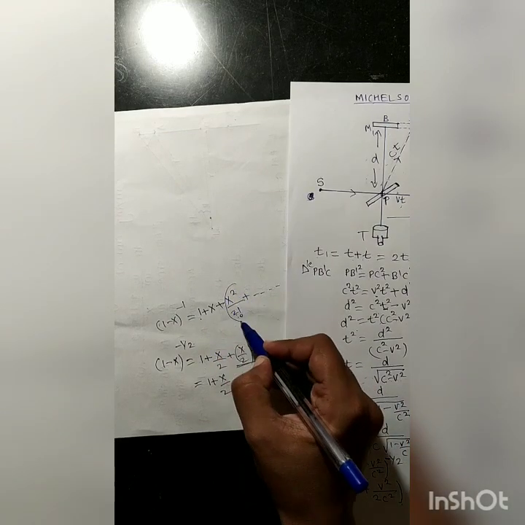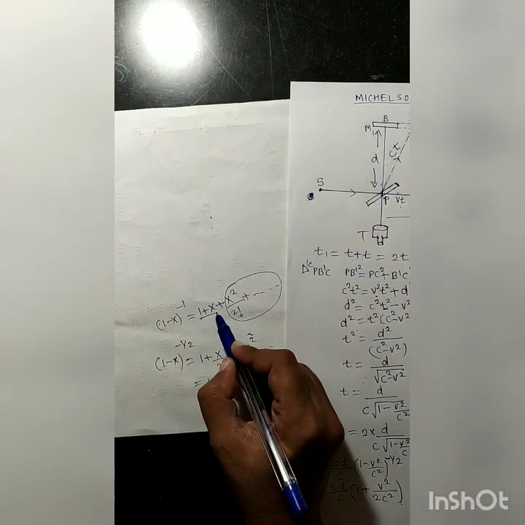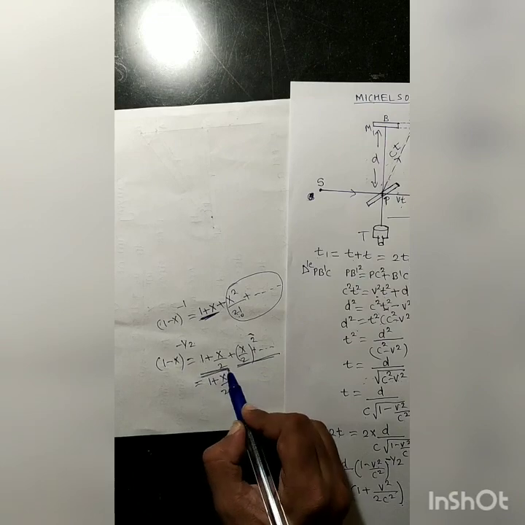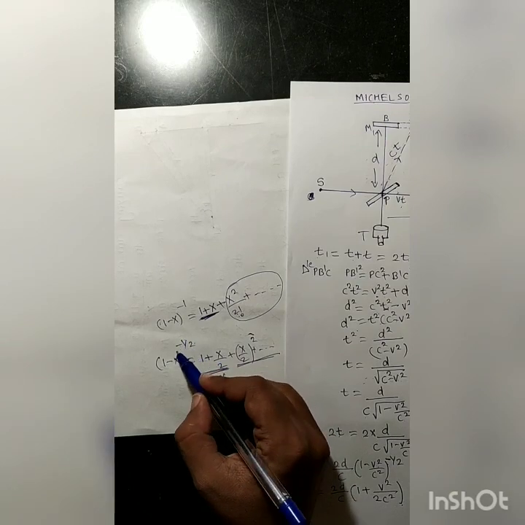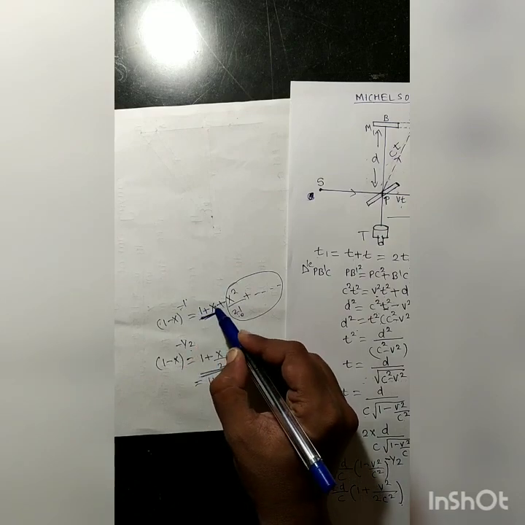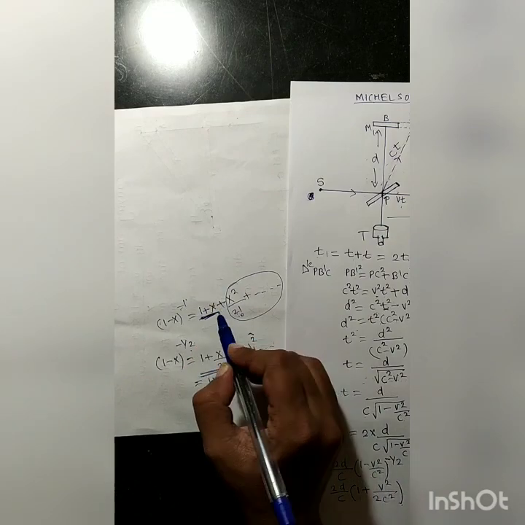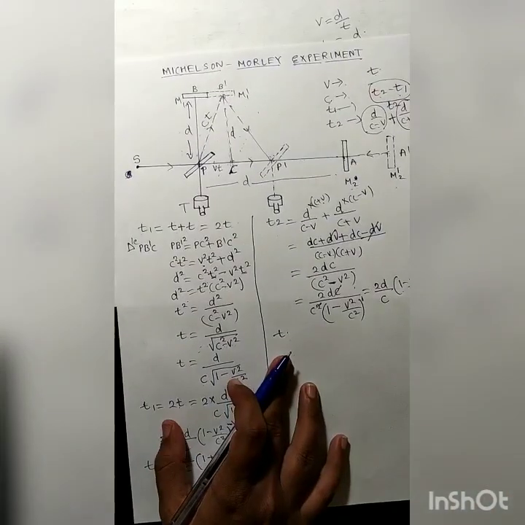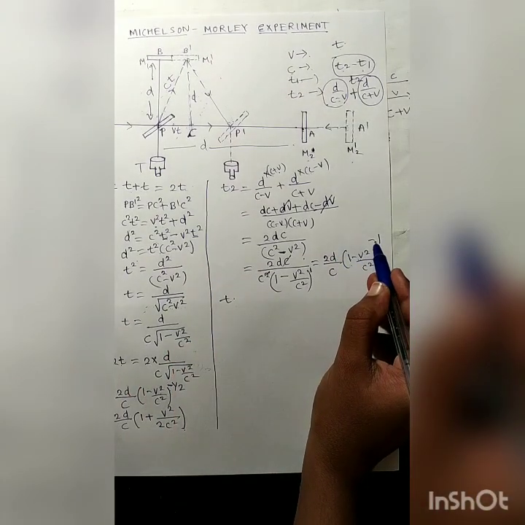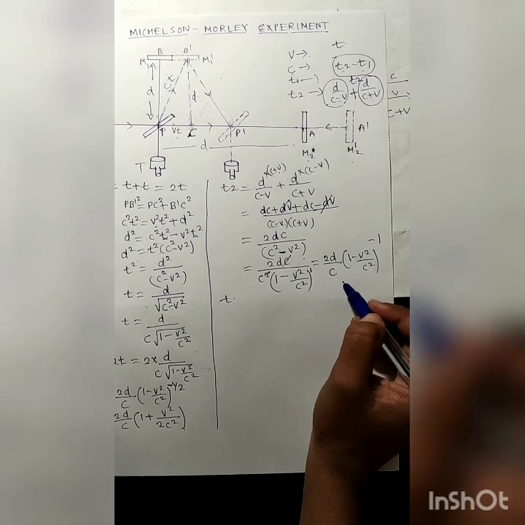So again the higher terms we will neglect. So what will be the value? Only 1 plus x we are getting. Here it was 1 plus x by 2 because the power was minus 1 by 2, but here minus 1 is there, so we get only 1 plus x, and divide by 2 will not be there. So the same thing if you apply here, this is like 1 minus x raised to minus 1, so what value does it give? 1 plus x.